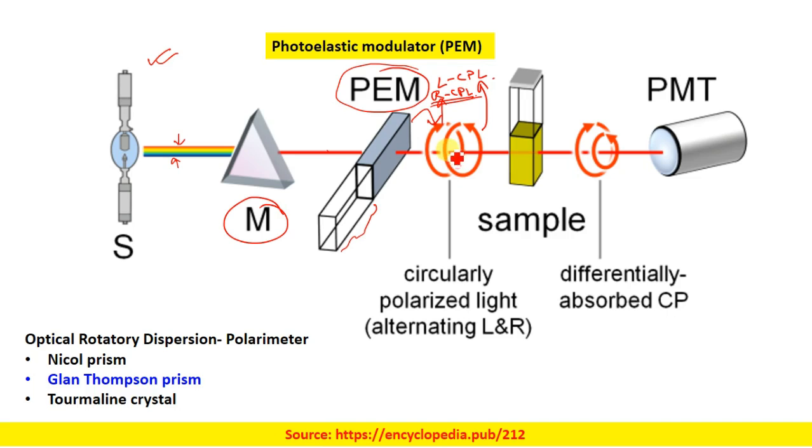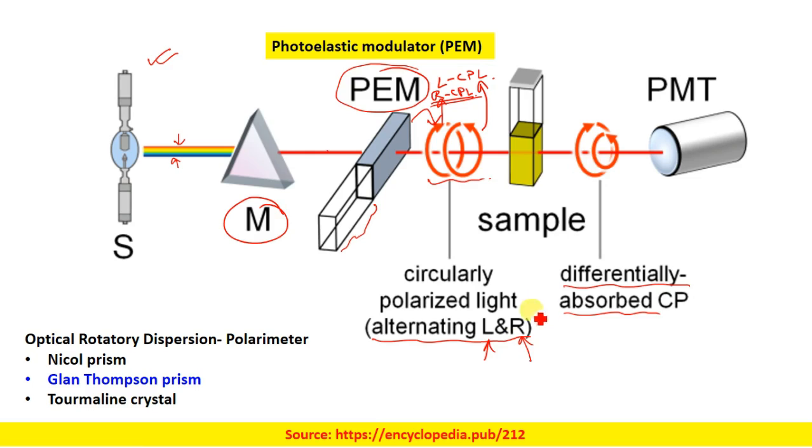Then what happens is that these circularly polarized lights, alternating L and R, are allowed to move through the sample. And while they move, the left-handed and the right-handed circularly polarized light are differentially absorbed. What does that mean?